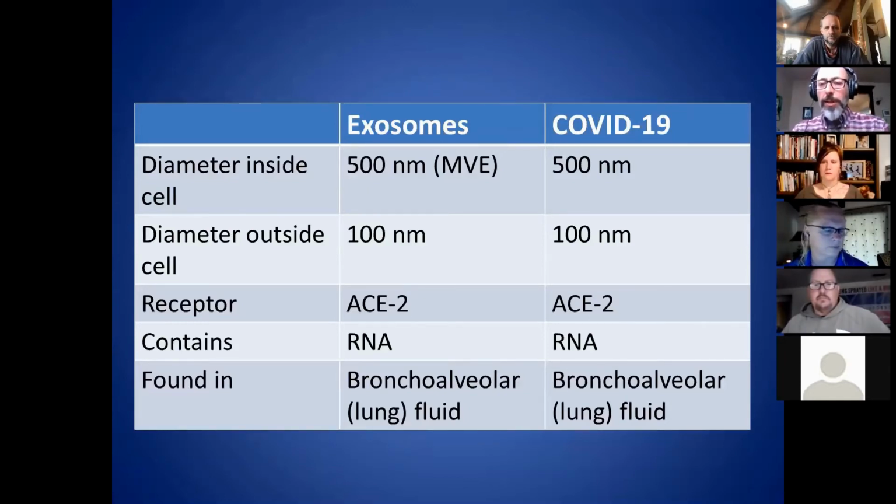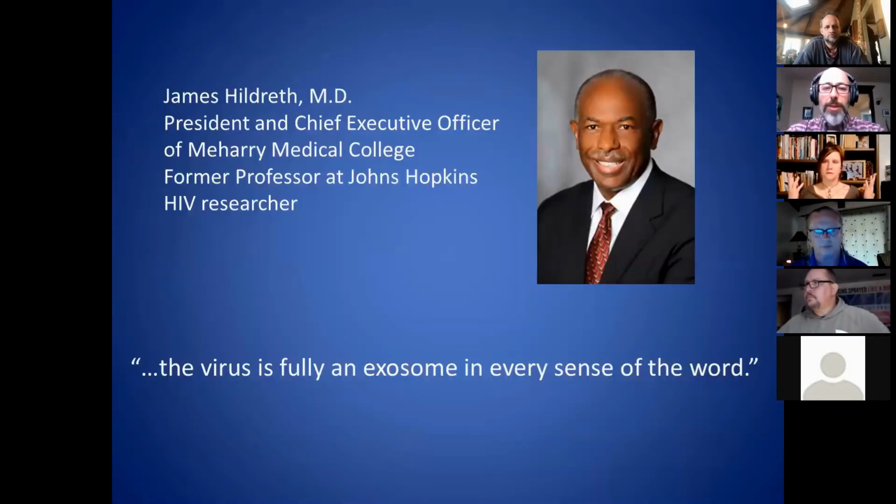So you can see that the more we take out this comparison forward, we see that they're essentially the same in every important way. So this is Dr. James Hildreth, a very prominent researcher and academic physician in the field of virology and HIV research. And he wrote this paper with two of his colleagues there. And what he said, and I quote, "The virus is fully an exosome in every sense of the word."